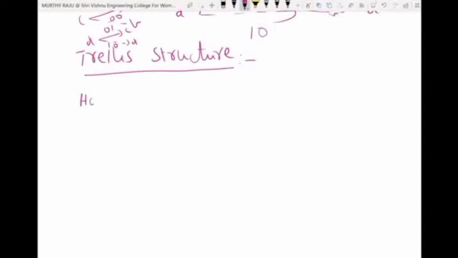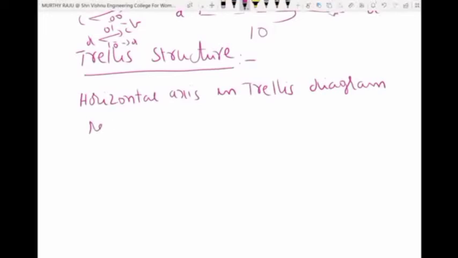The horizontal axis in the trellis structure or diagram represents the discrete timestamps.